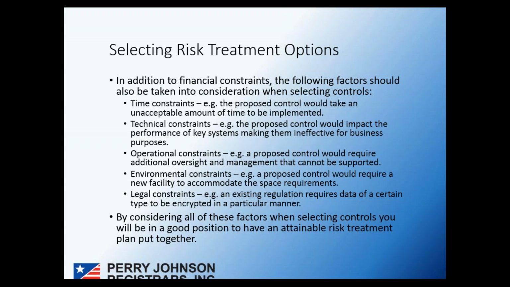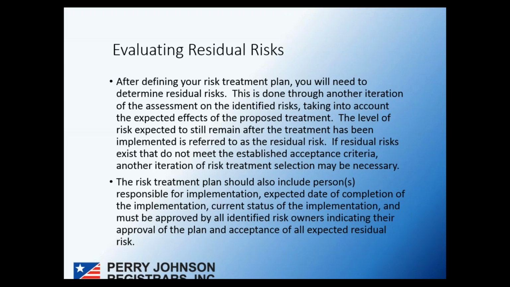Environmental constraints. For example, a proposed control would require a new facility to accommodate the space requirements. Or a legal constraint. For example, an existing regulation requires data of a certain type to be encrypted in a particular manner. By considering all these factors when selecting controls, you'll be in a good position to have an attainable risk treatment plan put together.